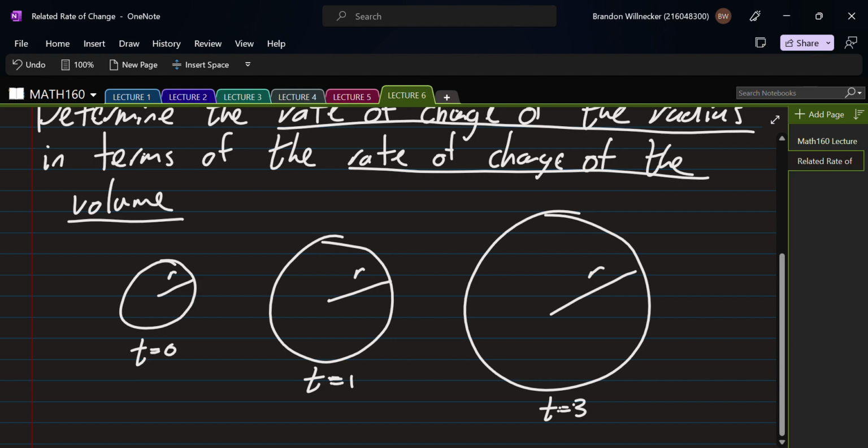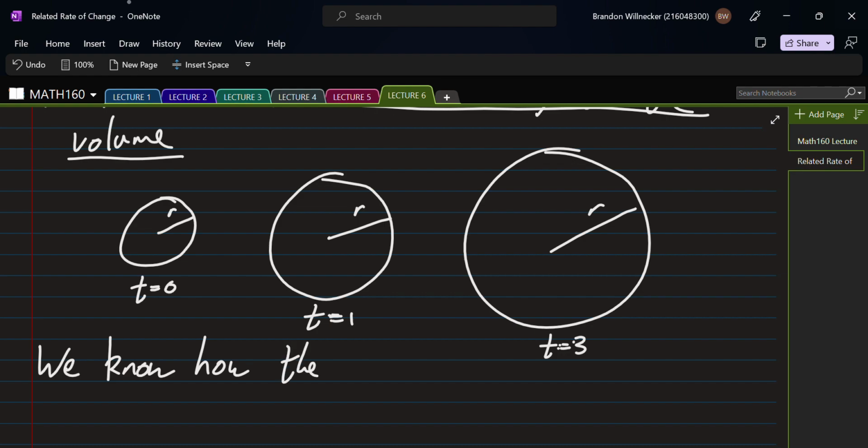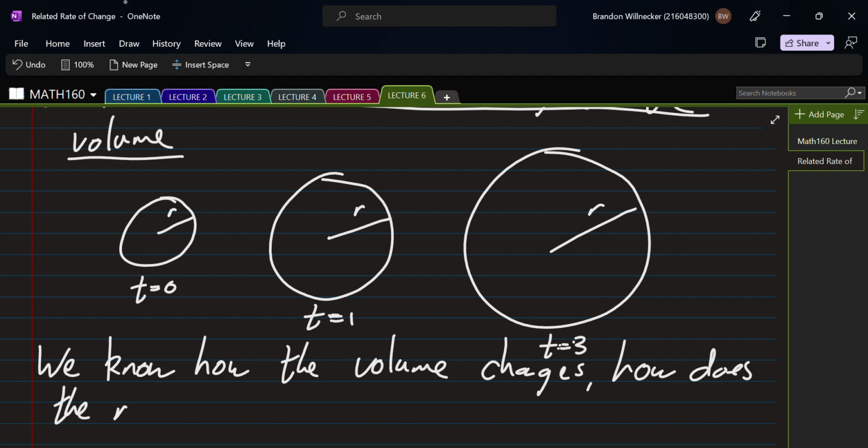So we know how the volume changes, but we're asking, how does the radius change?